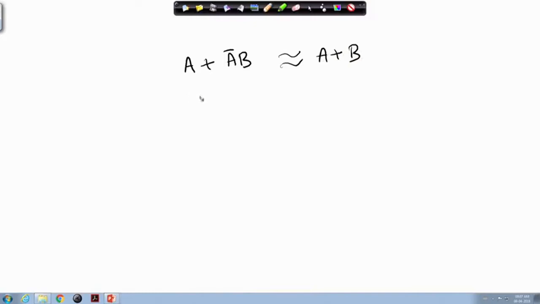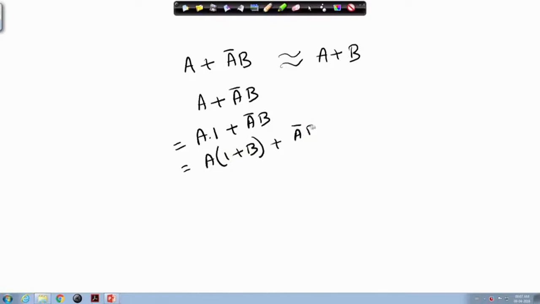So, we do the simplification like this: a plus a bar b can be written as a dot 1 plus a bar b, where this 1 can be written as 1 plus b. So a into (1 plus b) plus a bar b.